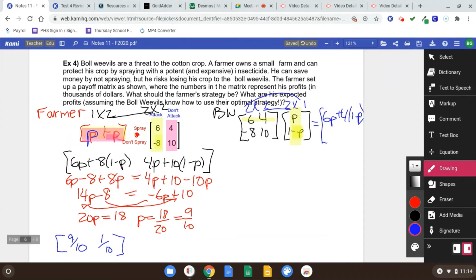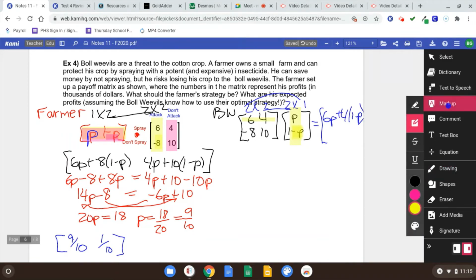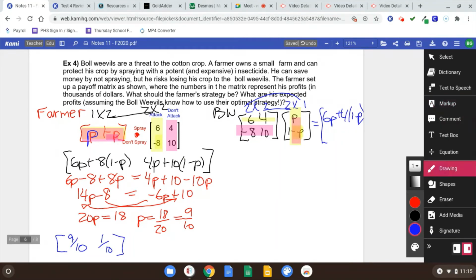Barely fit it in there. Now we do the second row times that column. Negative 8p plus 10. There's no way I've got enough room. Times 1 minus p.